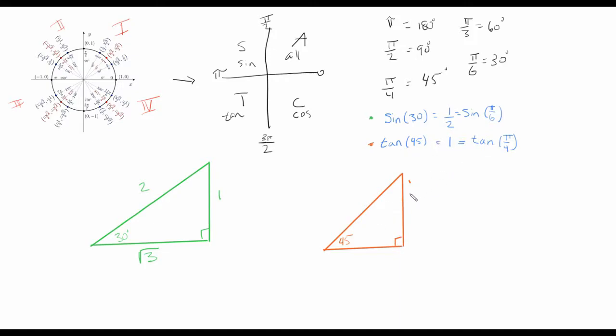Tangent of 45 is 1, so that would be 1, 1. And again, quick little Pythagorean theorem gives us square root of 2. I think these two triangles are pretty easy and not that time consuming to put on the scrap paper or somewhere on your AP test, so that you can keep referring back to them on the non-calculator section.